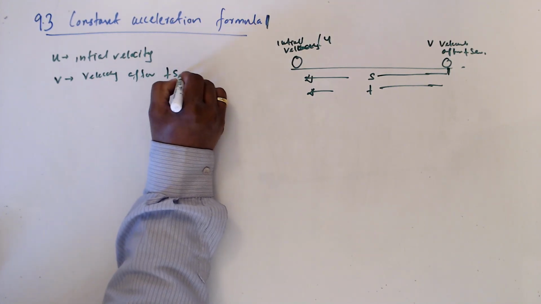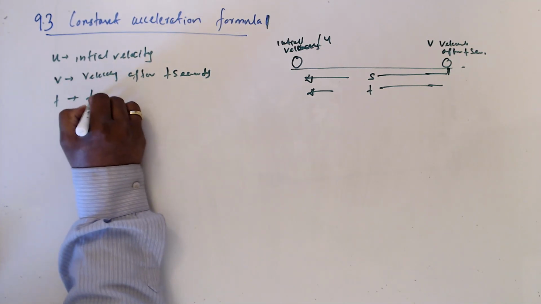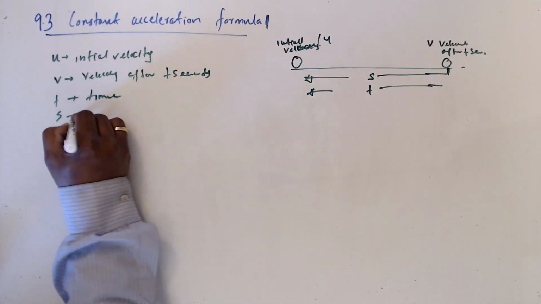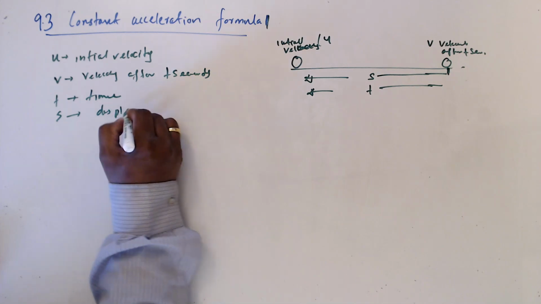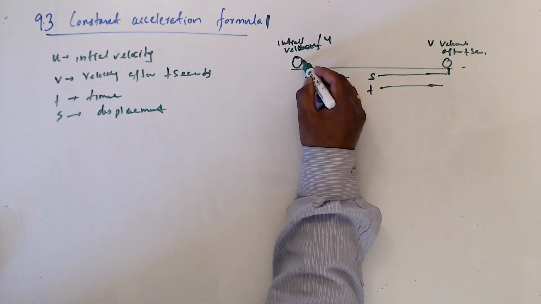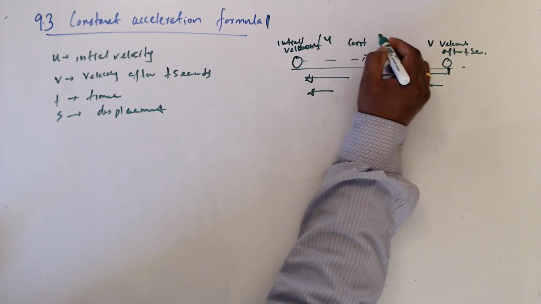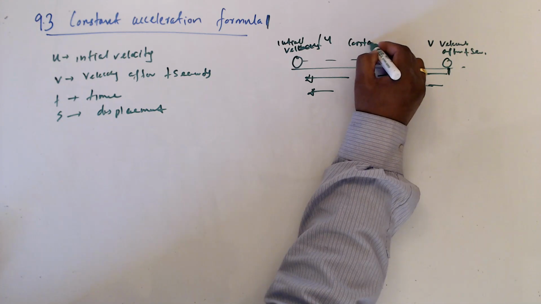So t is the time. So s is the displacement or journey. And assume this one travels to here with the constant acceleration.